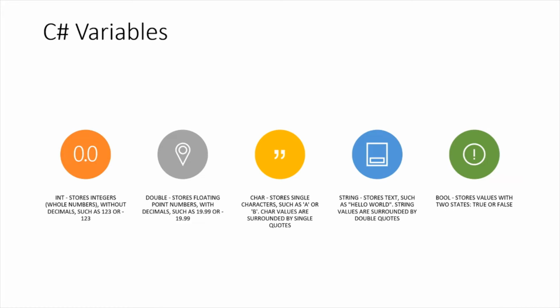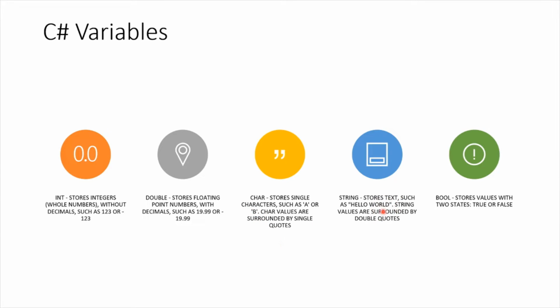But you have data types like integer, which stores integer values. You have double, which stores values like 19.99. And you have characters, which use single quotes and hold a single character.